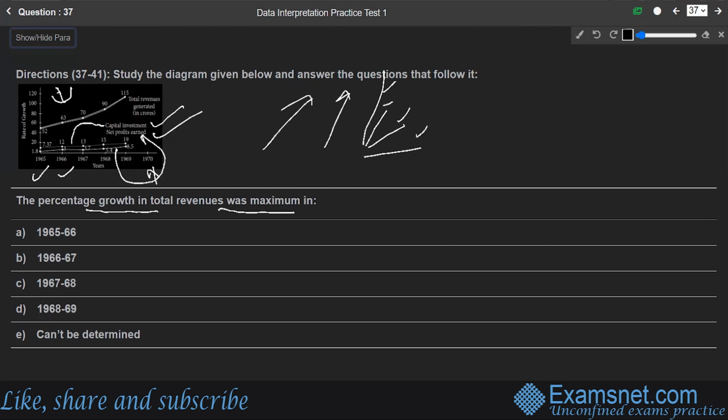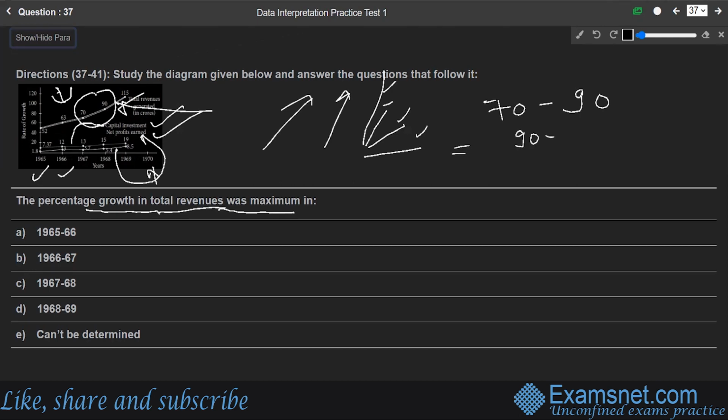Wherever you find the highest slope, that would be the highest percentage growth. So we look at the total revenue line, the topmost one, and find where the graph is increasing at a very high rate. This happens between 1967 and 68, where the value increases from 70 to 90. That will be the highest percentage growth.